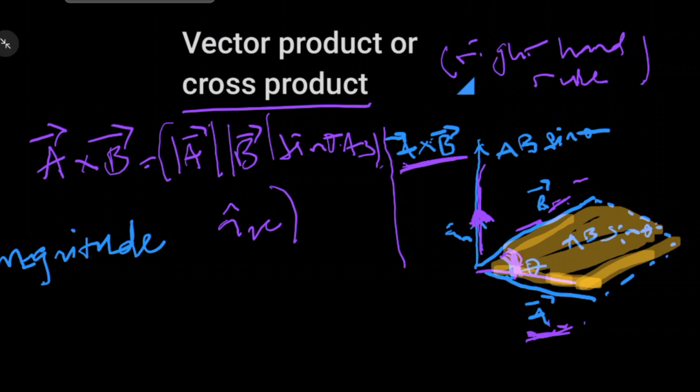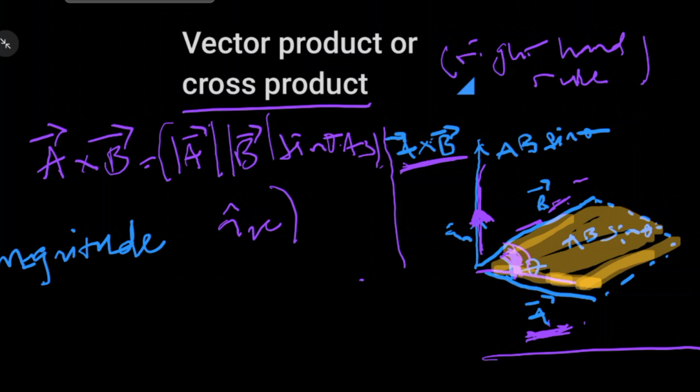Let's come back here to the graph. As you can see here, there's an angle between vector A and vector B. And this angle right here, theta, we can see that the greater the angle between vectors A and B, the greater the strength.